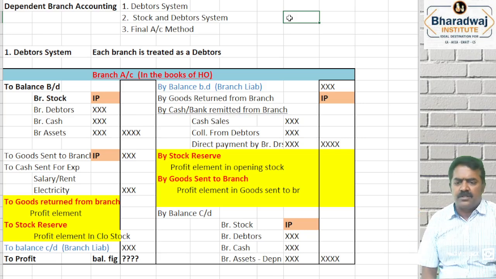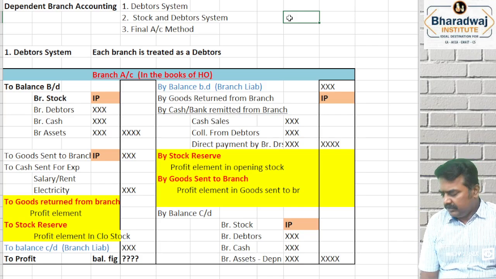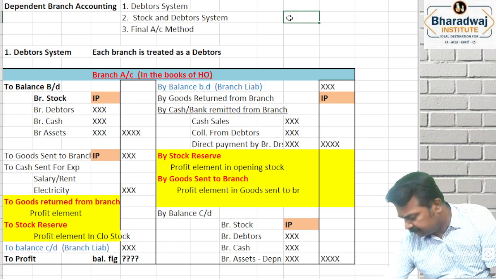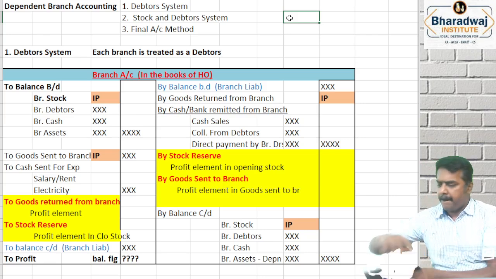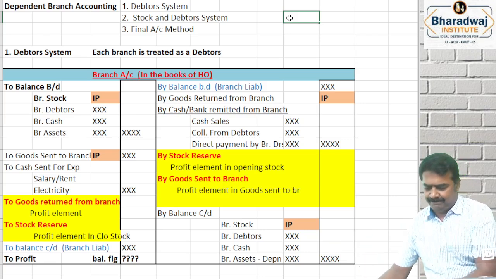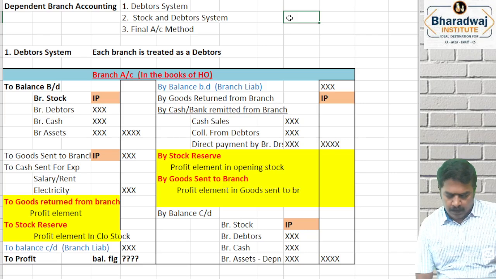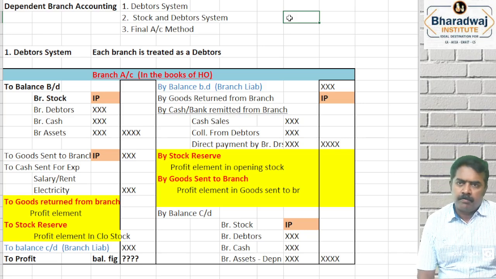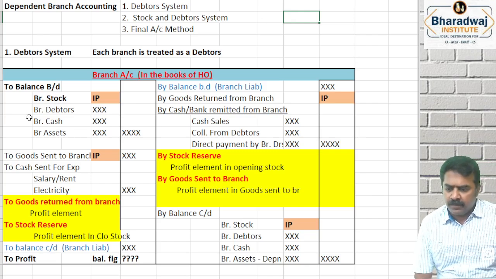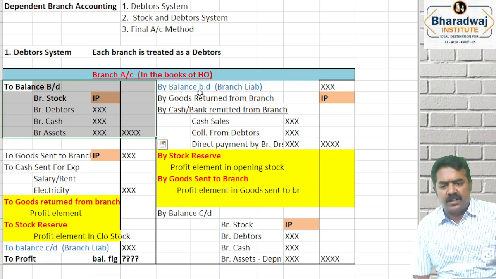Just observe this. Then we'll do. Suppose if outstanding expenses are given, what to do?